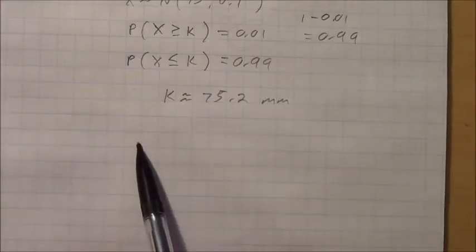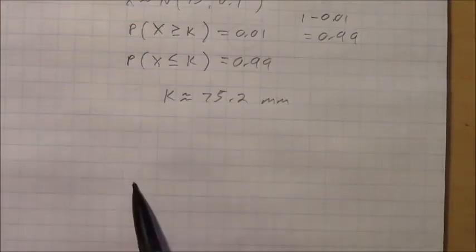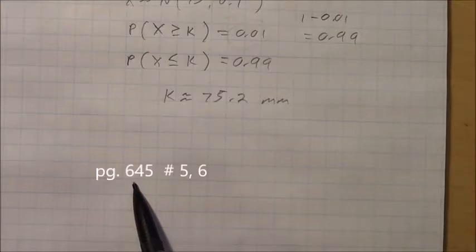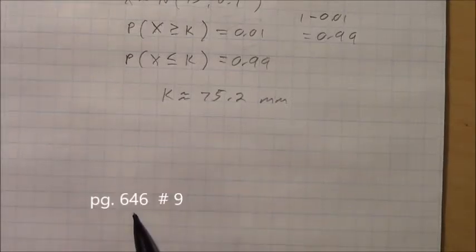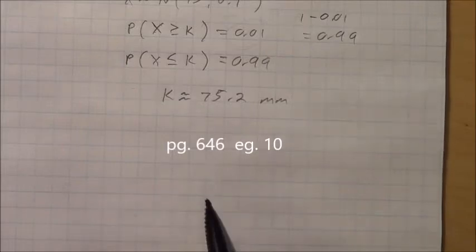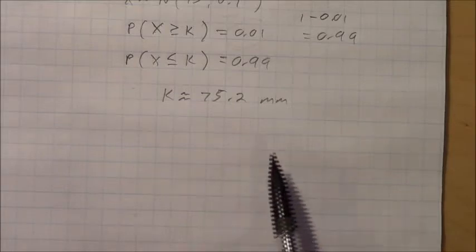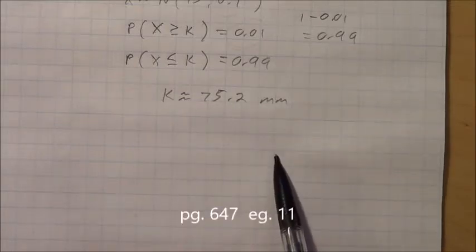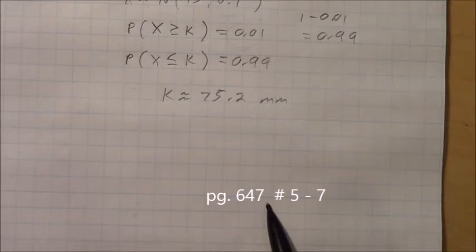Then follow behind by doing example 9 on page 645, and then taking a quick look at exercises 5 and 6 on page 645, and 9 on 646. Then we look at example 10 on page 646, followed by exercises 1 through 4 on page 646, and then once again followed by example 11 on page 647, followed by taking a look at exercises 5 through 7 on page 647.